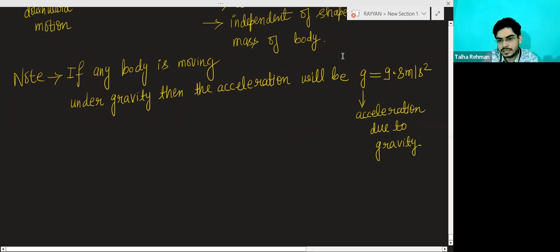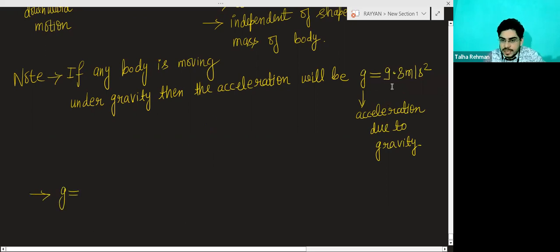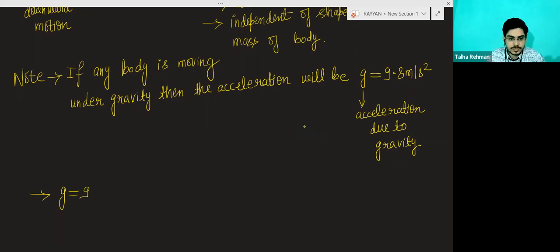And see, this 9.8 is a constant value or a variable value? Here it is constant. g is equal to 9.8 meter per second square is constant.